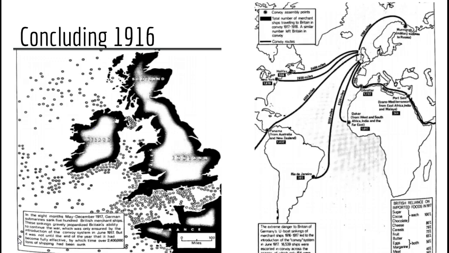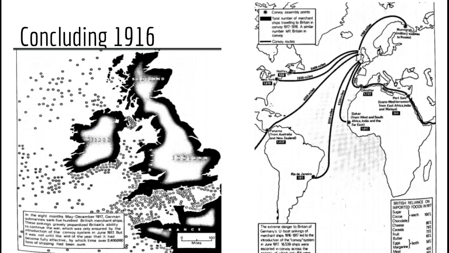So we know that the British live on an island, of course, and so they really depend and rely on merchant shipping to sustain their population and ultimately to sustain the war effort as well. On the map on the right, you see right there in the bottom corner the British reliance on imported foods in 1917.